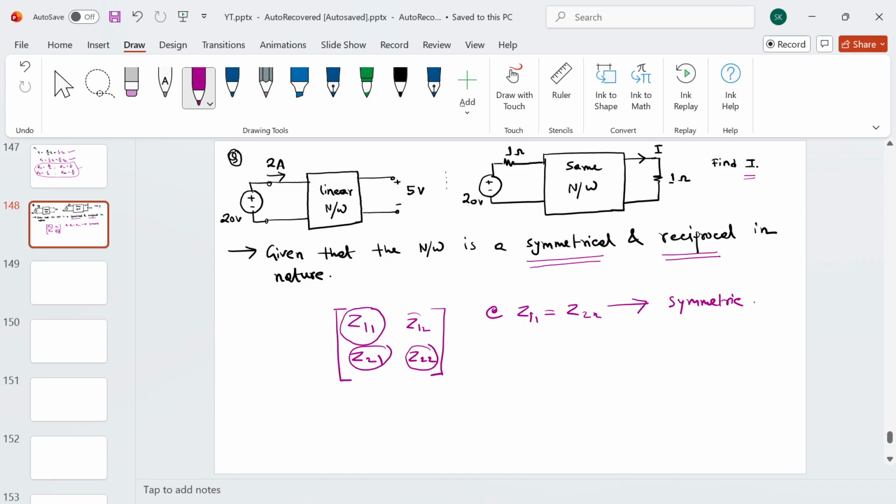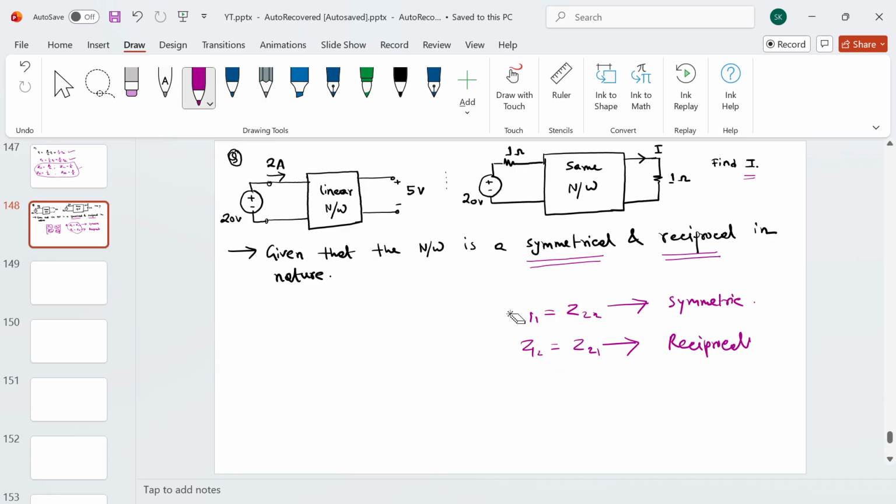And if Z21 and Z12 are the same, then this network is called a reciprocal network. So this is important for our further calculation.